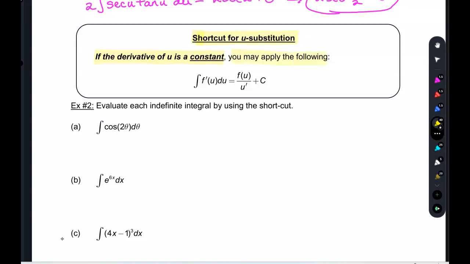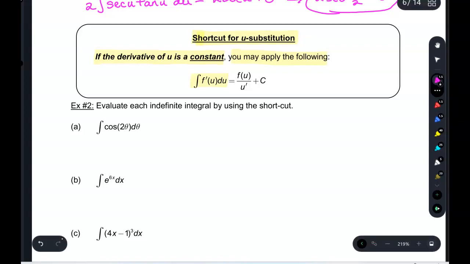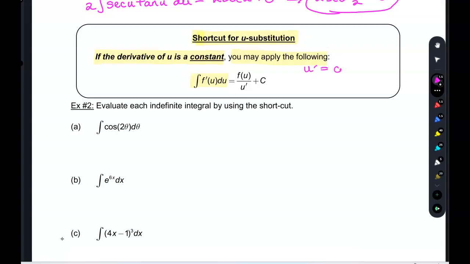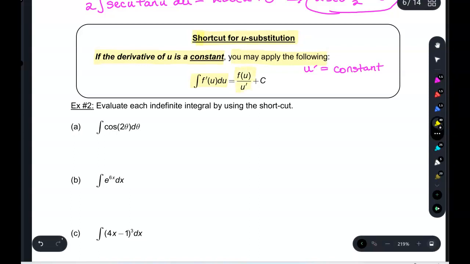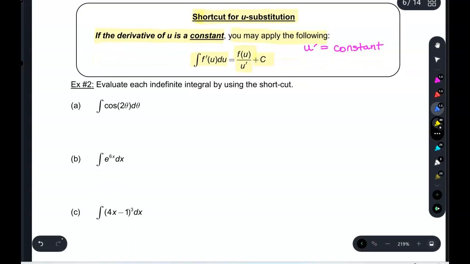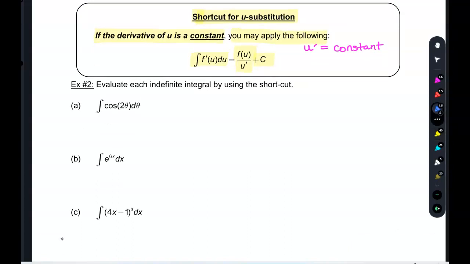All right, so if we integrate f prime of u du, again, if u prime equals a constant, so it doesn't have a variable involved, then what we can do is just take the antiderivative divided by the derivative of u, and then we add plus c. So let me explain here. We have cosine of 2 theta d theta.